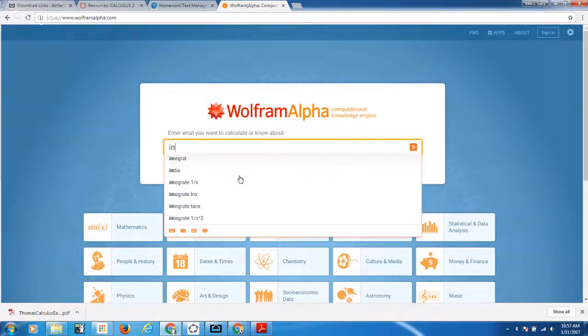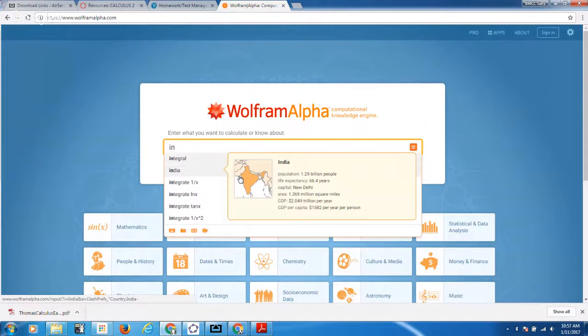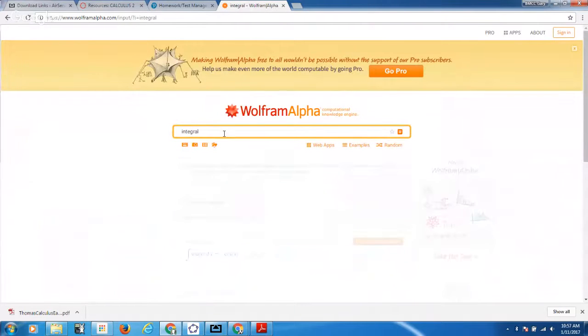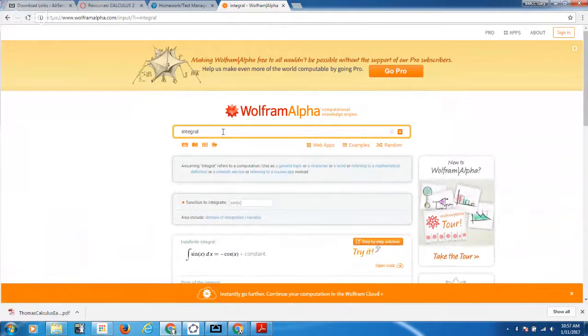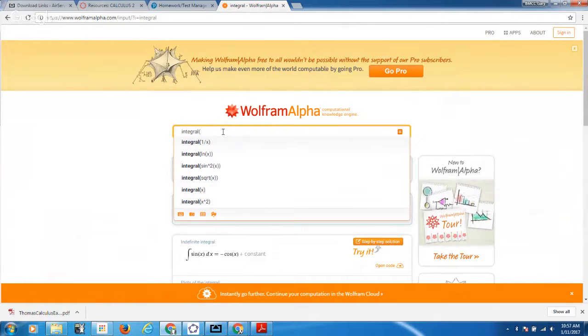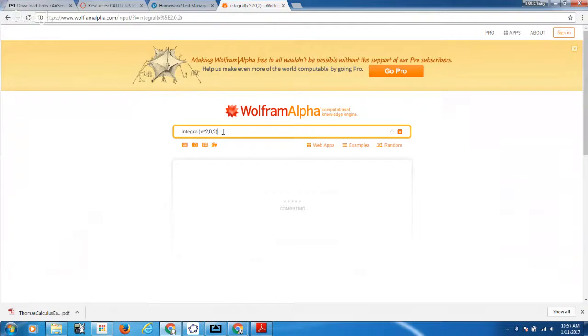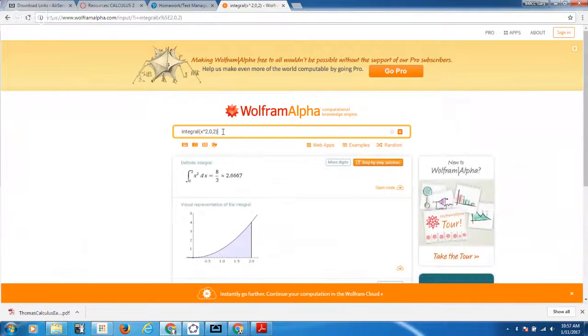So I want to find the integral. In parentheses, I want the integral of x raised to the second power from 0 to 2, and hopefully it will interpret that. I'm hoping. And it says, yeah.